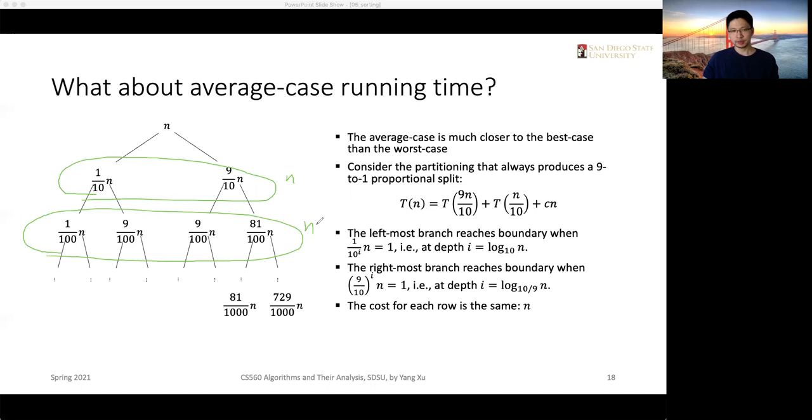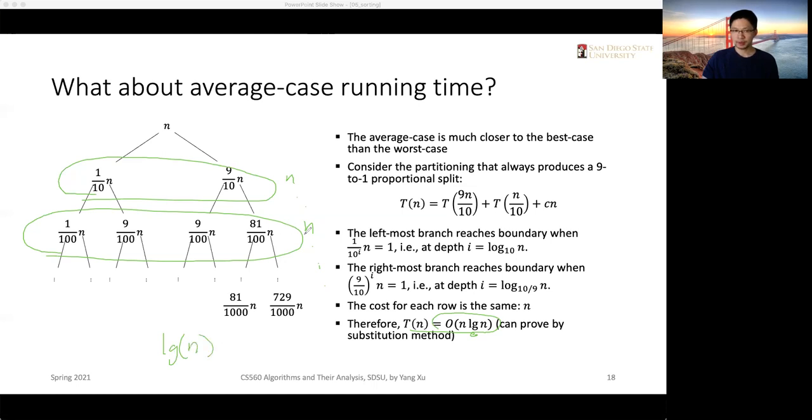That is something we can use to approximate the total summation. If we use logarithm of n to approximate the height of the tree, then the solution would be big O of n times logarithm of n. That is to say, if we assume the tree is a very balanced tree, then the height would be logarithm of n.